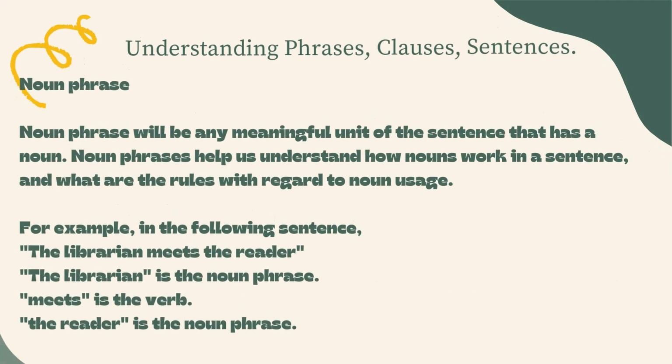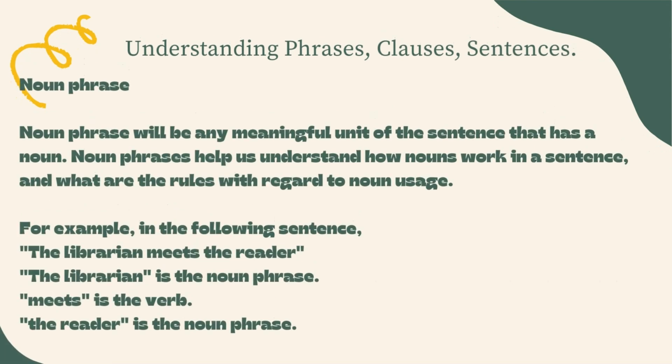For example, in a sentence, the librarian meets the reader. We can identify the noun phrase here. Librarian is the first noun that occurs in the sentence. So the noun phrase will be the librarian. Now if we are careful, we'll notice that the is a determiner that occurs before librarian.